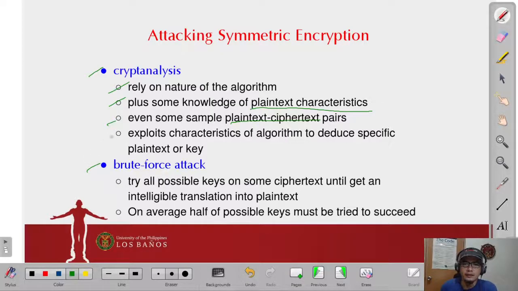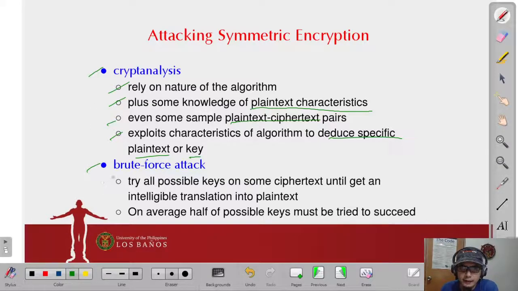Then the attacker will exploit the characteristics of the algorithm to deduce the specific plain text or the key. It's possible that the attacker will just want the plain text of a given ciphertext. So that's cryptanalysis, which is more of a theoretical and analytical study.